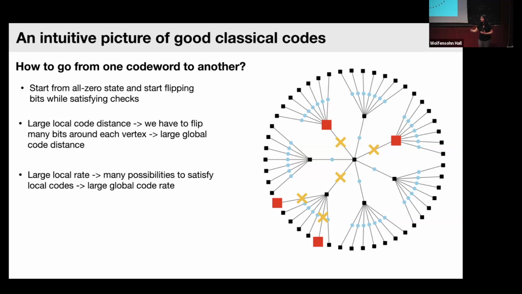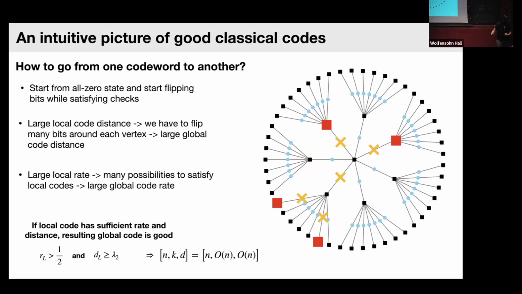So there's only one way for the Ising model on each vertex to be happy. So as you keep propagating that out, you get many flipped bits. You get a large global distance, but you have a very small rate. So you basically want many possibilities of what to do on every vertex to become happy, so that by the time you put it all together, your global code also has a large rate.